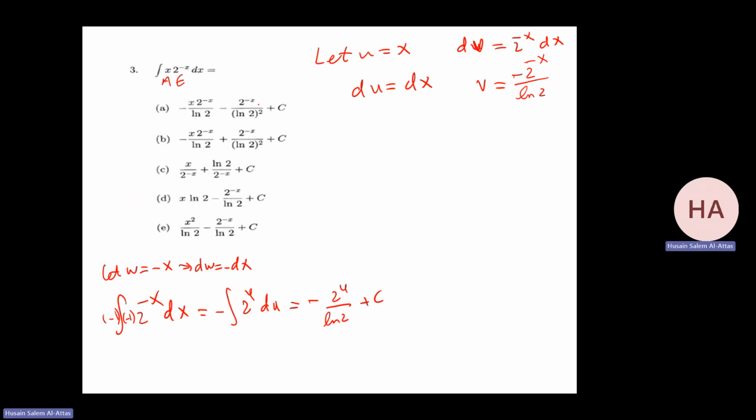Okay. Now what's the integral of this? It will be u times v, this times this.